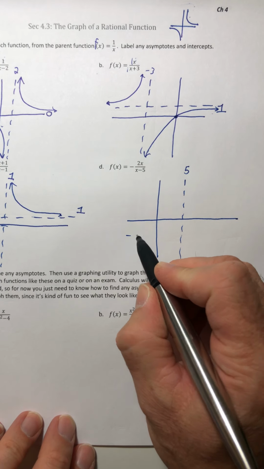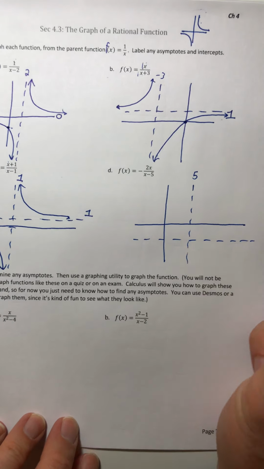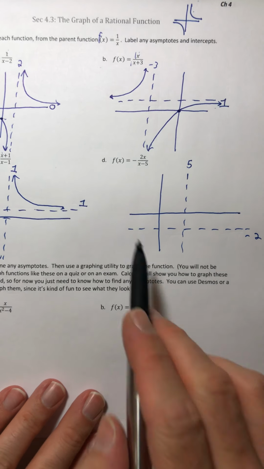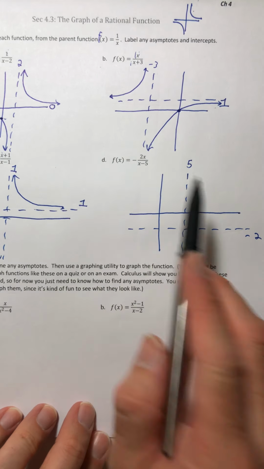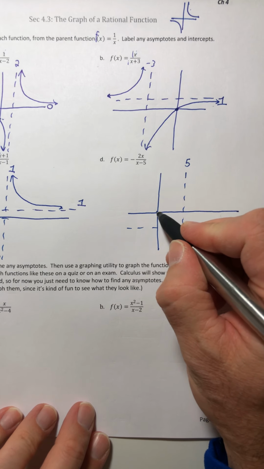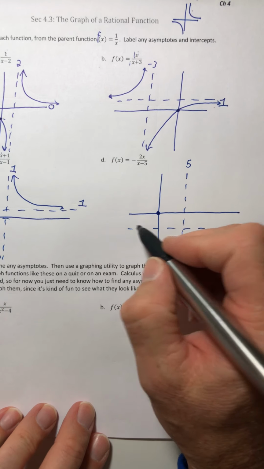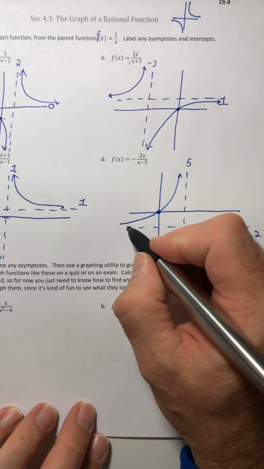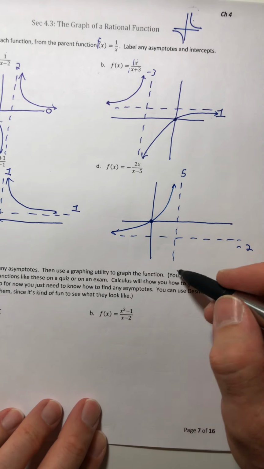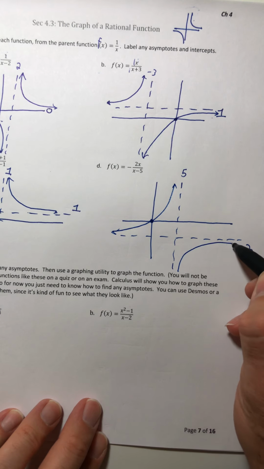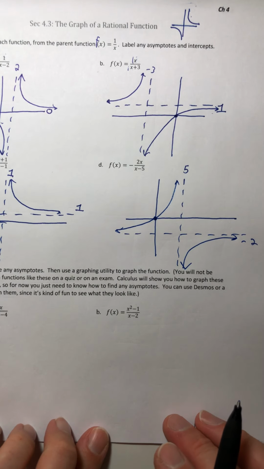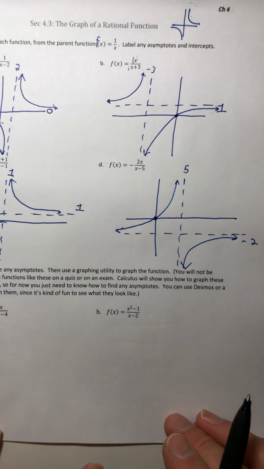So your horizontal asymptote is down here. Okay, if I plug in 0 for x, the y-intercept comes out as 0. So I've got a curve going just like that, which means my second curve is down there. And that's it for that one.